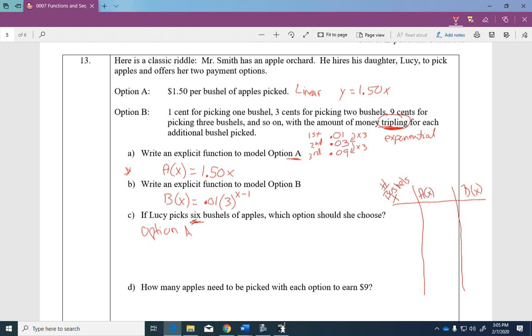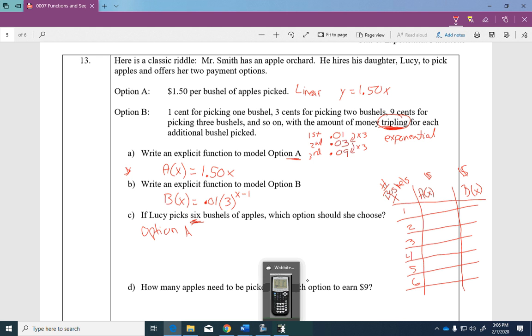And remember, A of x is like the money earned, and B of x also. So picking 1 bushel, 2. If I copy down up to 6, I actually have enough information.